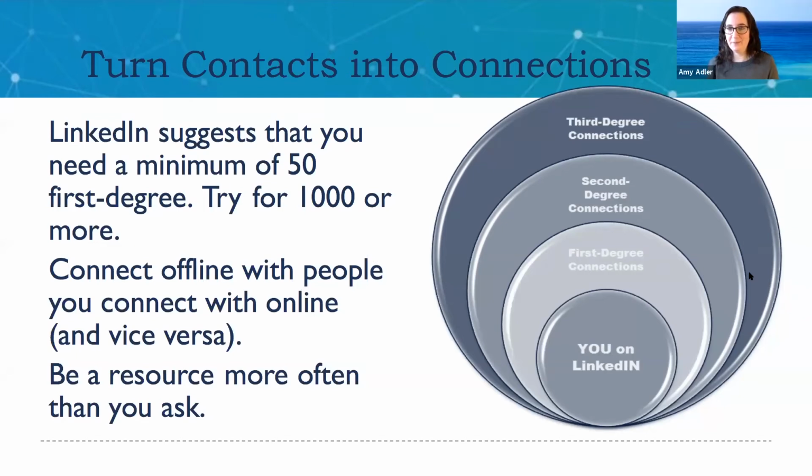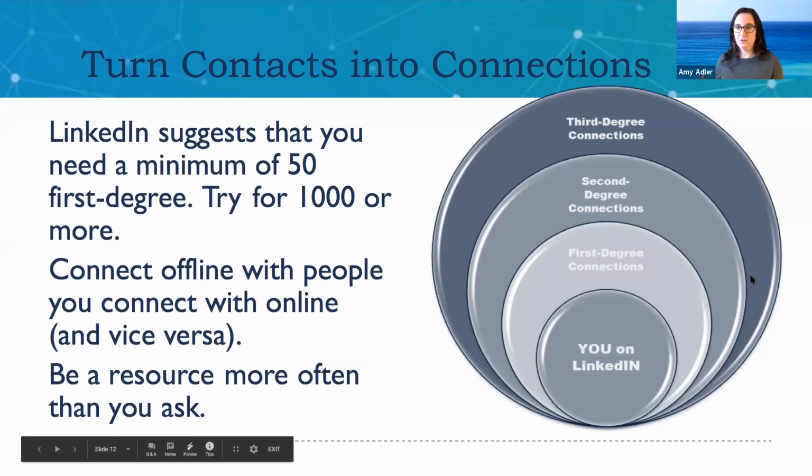Yeah. So bear with me. This slide and one of the next ones are about what it means to connect with people. LinkedIn, from the horse's mouth, says they want everybody to have at least 50 connections, because that's a critical mass of your inner circle, and then the value of it expands outward.